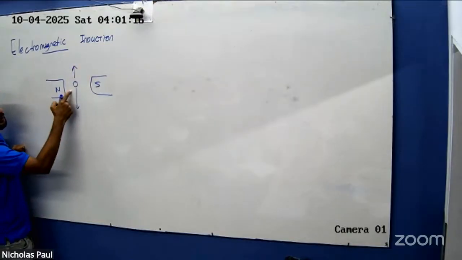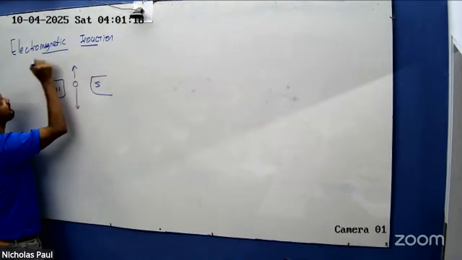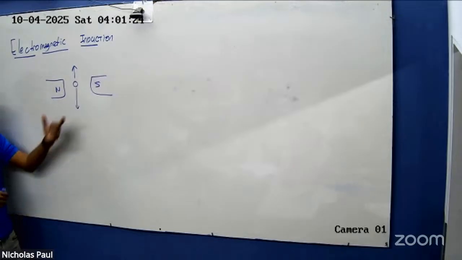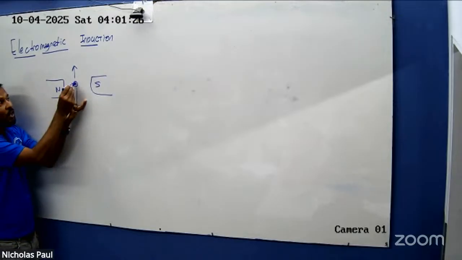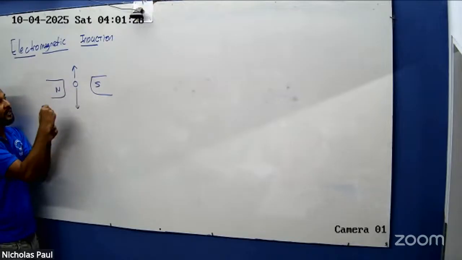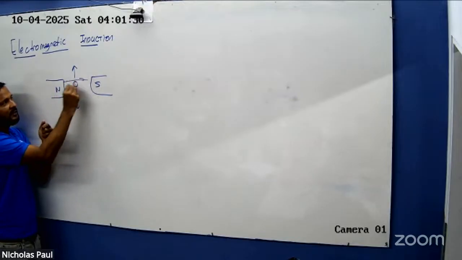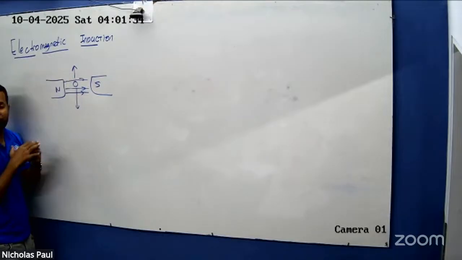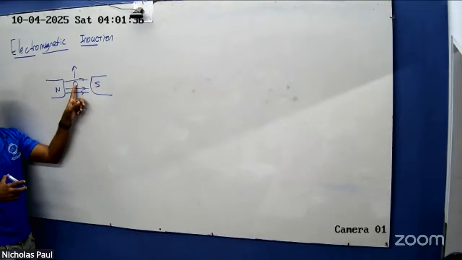What is going to happen is that it will induce electricity. Whenever you move a conductor in a magnetic field, you are going to get a current in it.